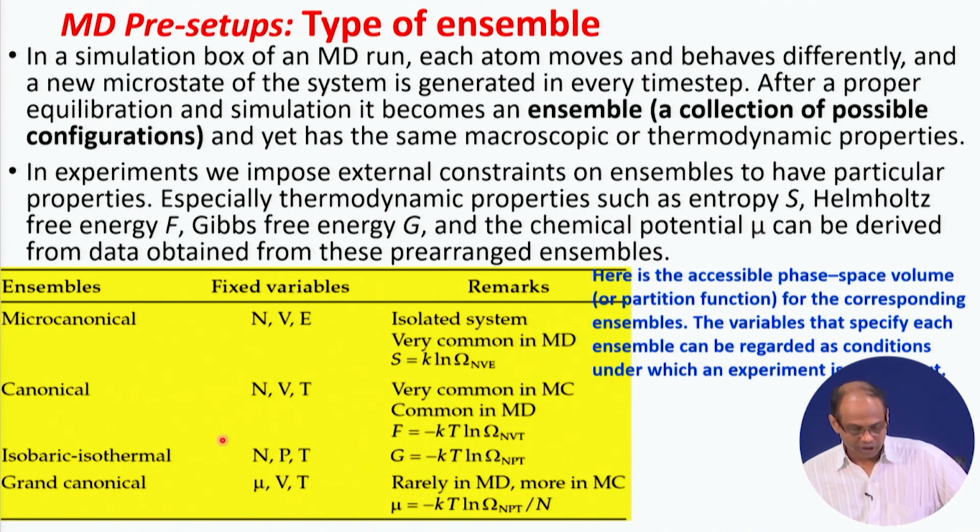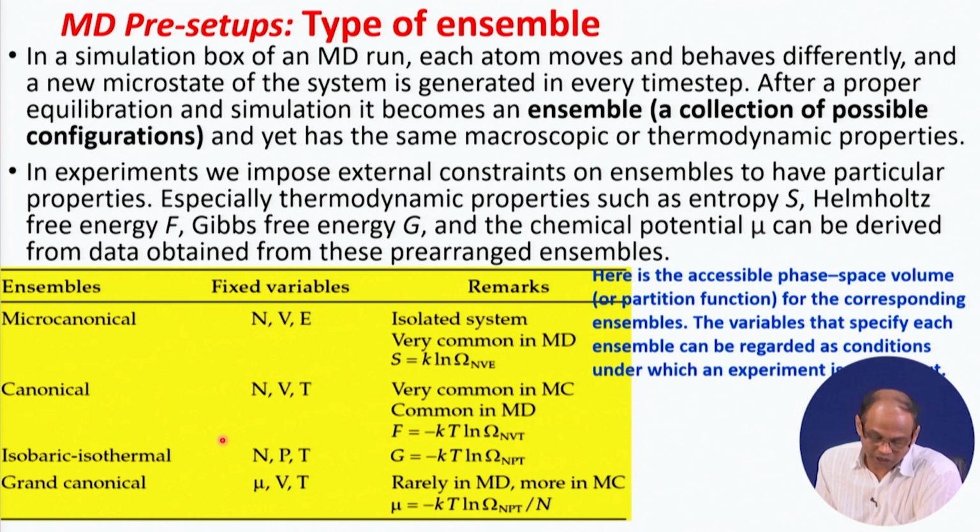Okay. So now, in order to take care of the external condition, we need to use different kinds of ensembles. In a simulation box of an MD run, each atom moves and behaves differently, and a new microstate of the system is generated in every time step. So after proper equilibration and simulation, it becomes an ensemble. What is an ensemble? It is nothing but a collection of possible configurations that have the same macroscopic or thermodynamic properties.